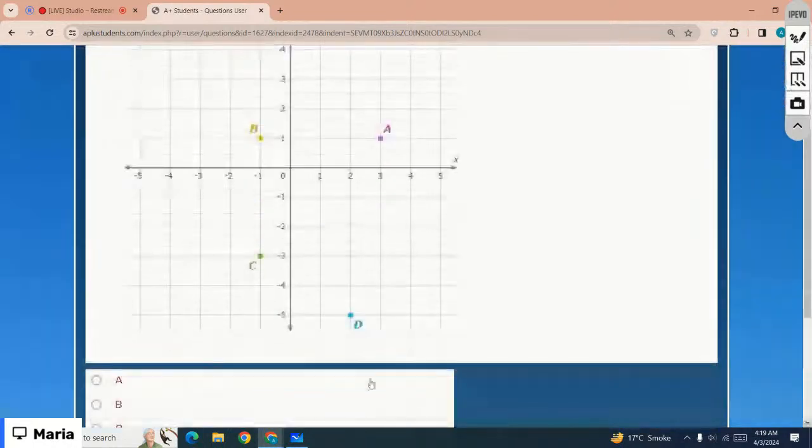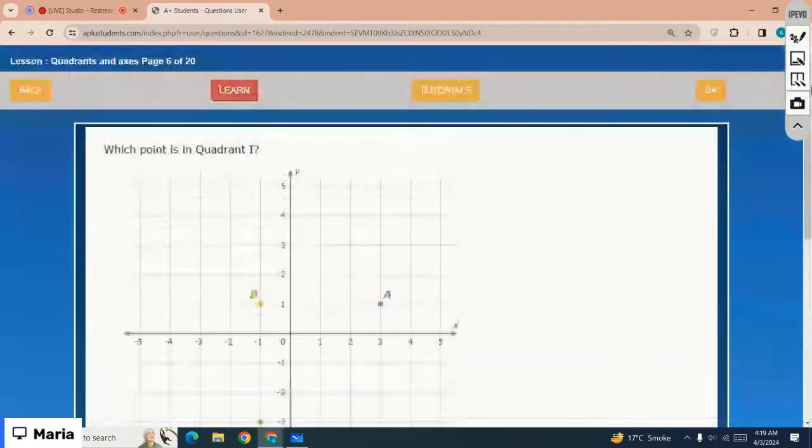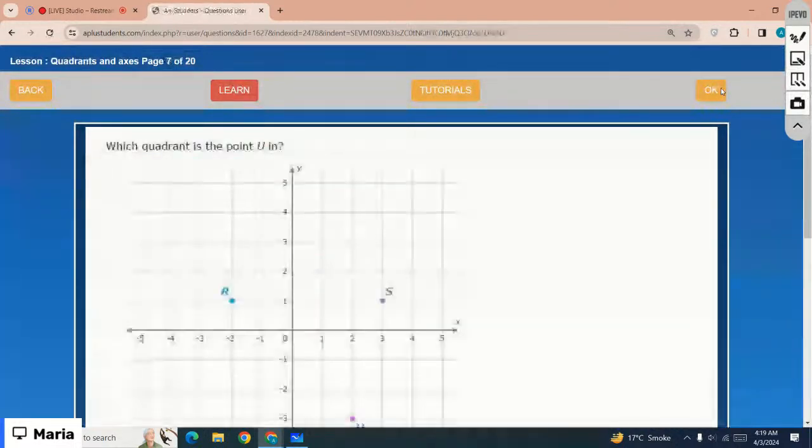The correct option is A. Which quadrant is the point U in?